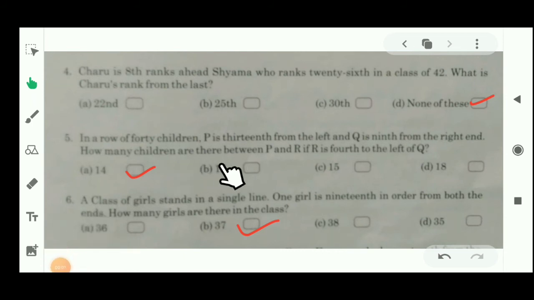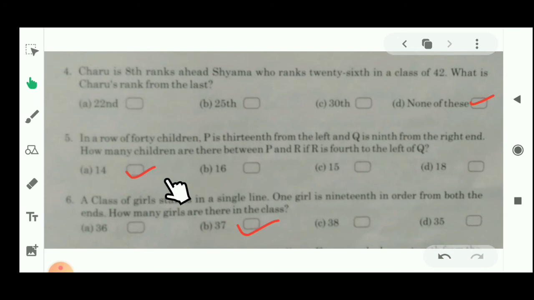The question number 5 is: in a row of 40 children, P is 13th from the left and Q is 9th from the right. How many children are there between P and R if R is 4th to the left of Q?